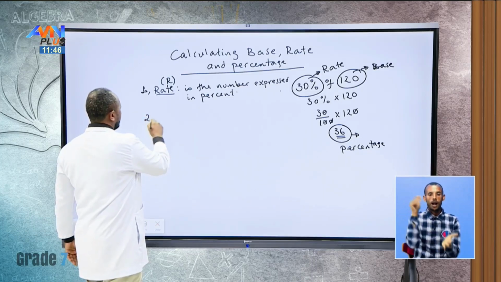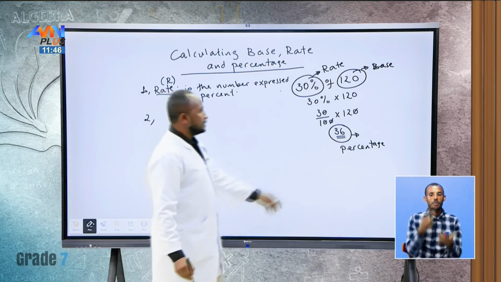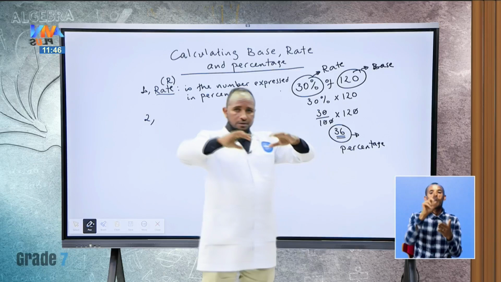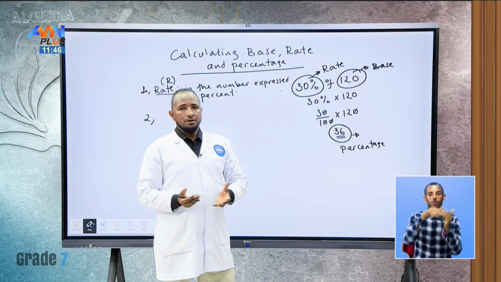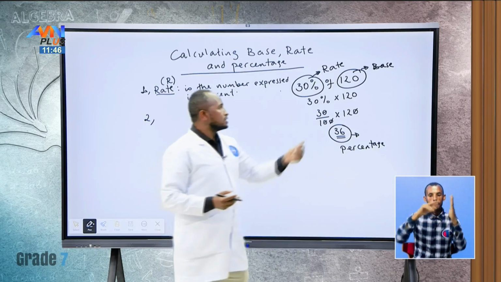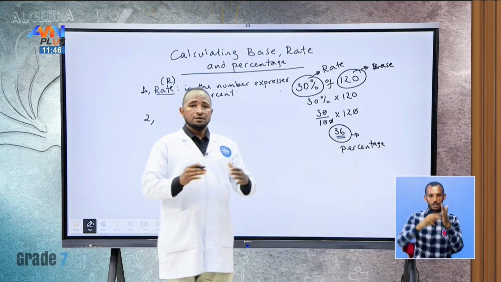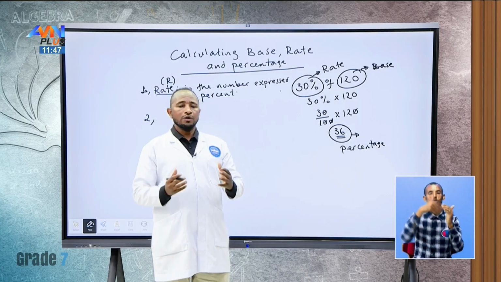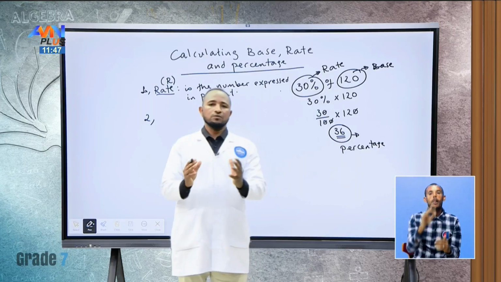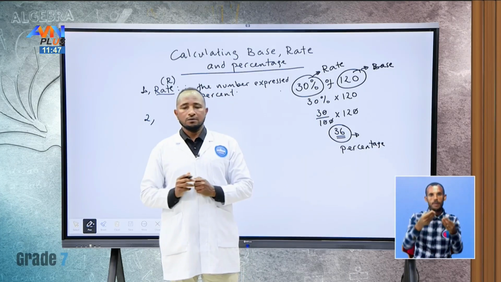Again, here, this one is a total quantity. So total quantity, we call it the base. Base is a quantity that represents a total quantity, or it represents 100% of a given quantity.